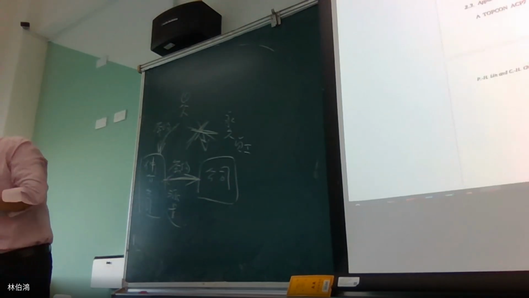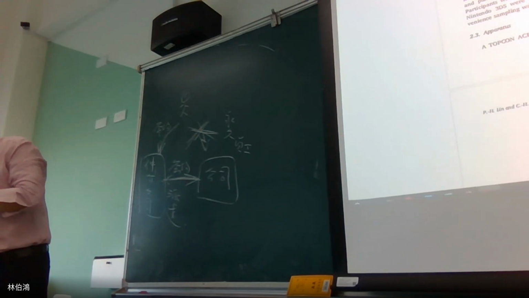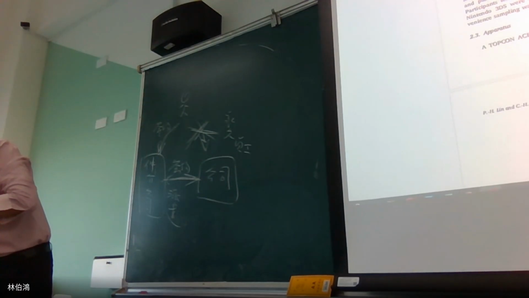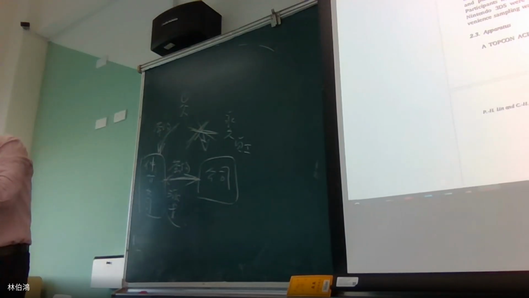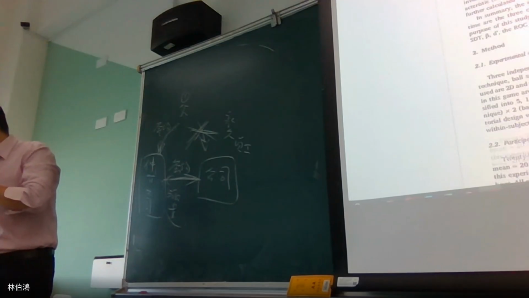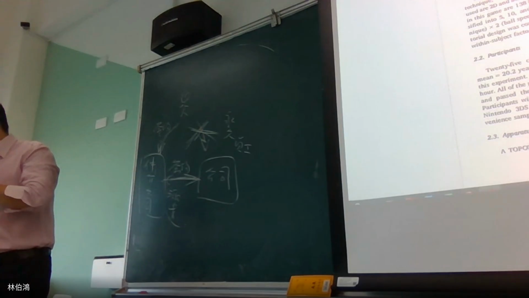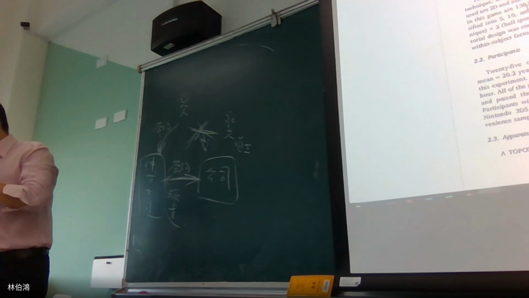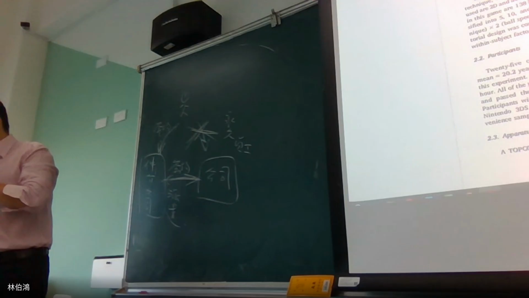Okay, the second one, what are the independent variables and their respective levels? You can see in the abstract or also in the experimental design. So we have 3 independent variables: display technique, 2D and 3D, and the ball speed, 138 and 114, and the operation time 5, 10, and 15.